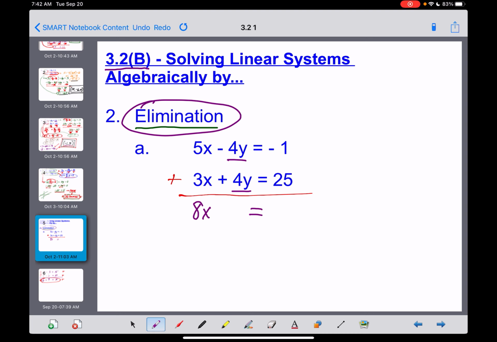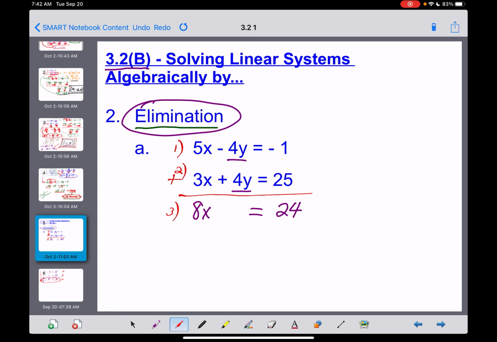The negative 1 plus 25 is going to get us a 24. So just like in that little example I did with you a second ago, we had two equations that, of course, we have to assume are true, and we add them together to get a third equation that's true as well. And the beauty of elimination now is that one of the two variables gets eliminated.